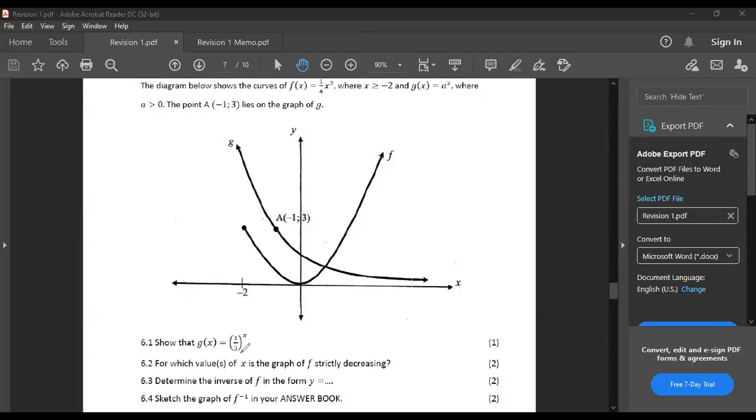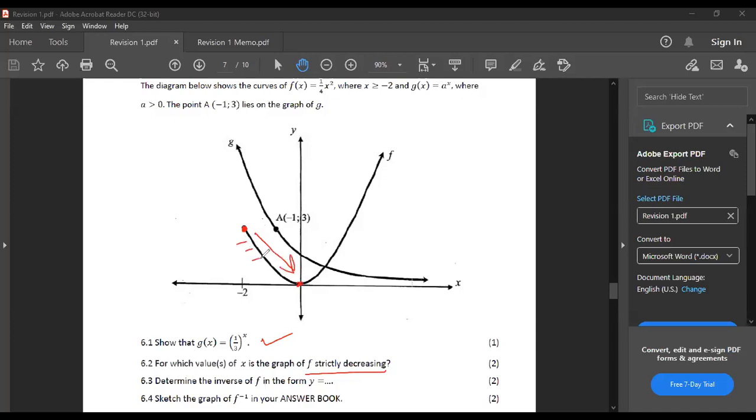To show that the graph of G, I think that one we can do. For which values of x is the graph of f strictly decreasing? This is the graph of f. For values of x from minus 2 to 0, the origin, the graph is decreasing, negative gradient.